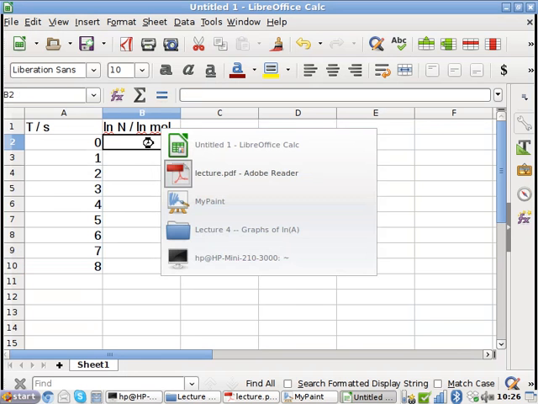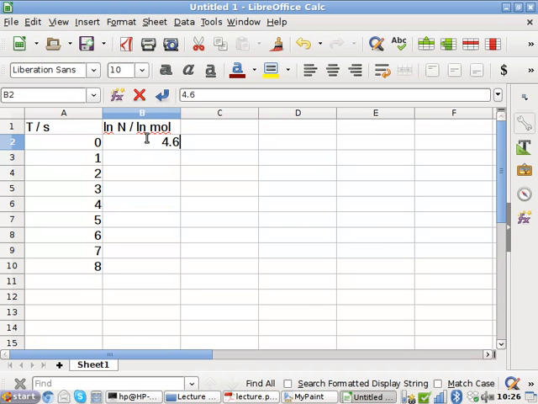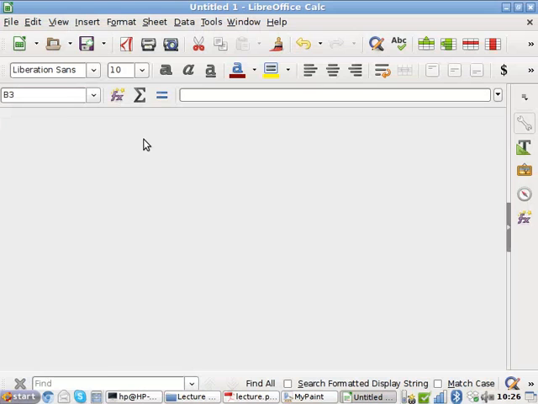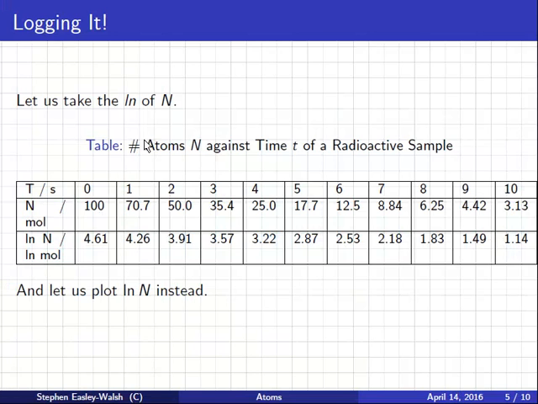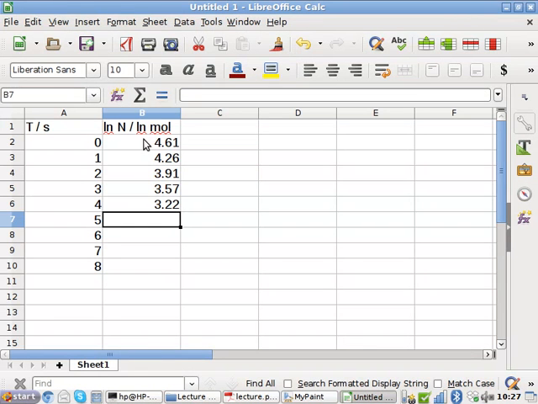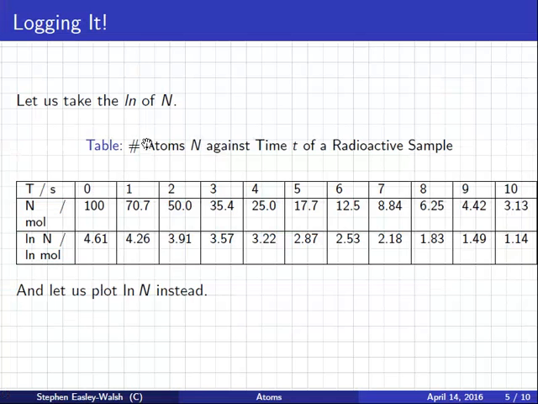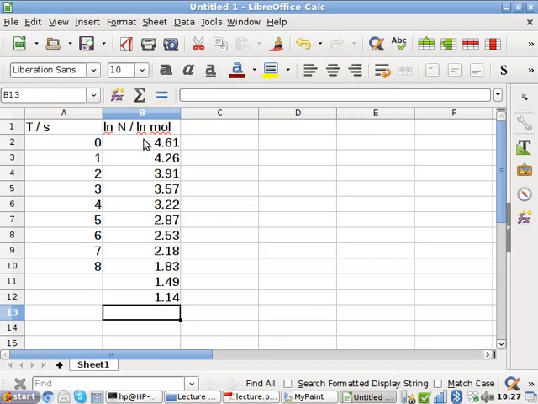The first value here is 4.61, and the second value is 4.26, the next is 3.91, then 3.57, then 3.22, 2.8, 2.53, 2.18, 1.83, 1.49, and 1.14.